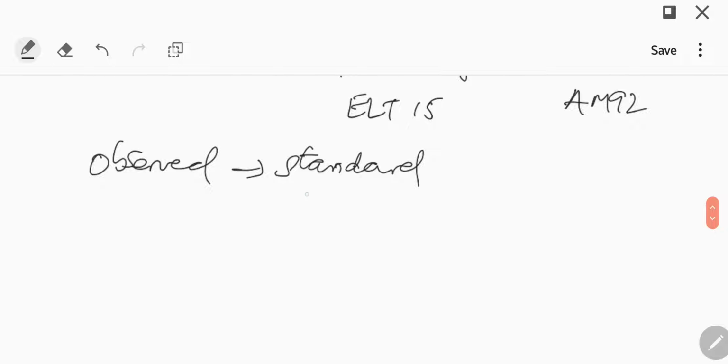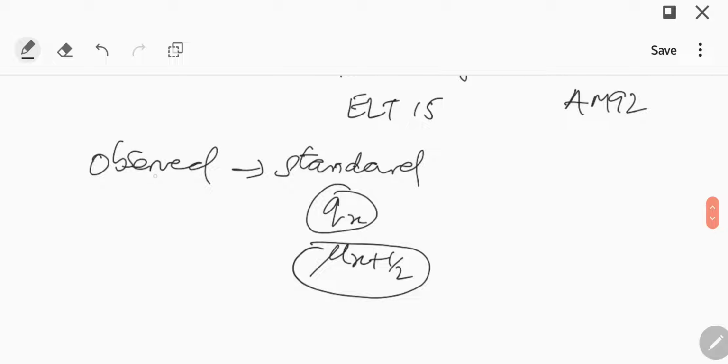So here I could have taken the AM92 or ELT15, or I want to test whether the observed mortality rate at each age is consistent with respect to the standard tables, depending on whether I'm going on a discrete model, I'll use qx, otherwise I'm taking mu x plus half. So from my standard table, I'm considering these values and I'm taking the observed.